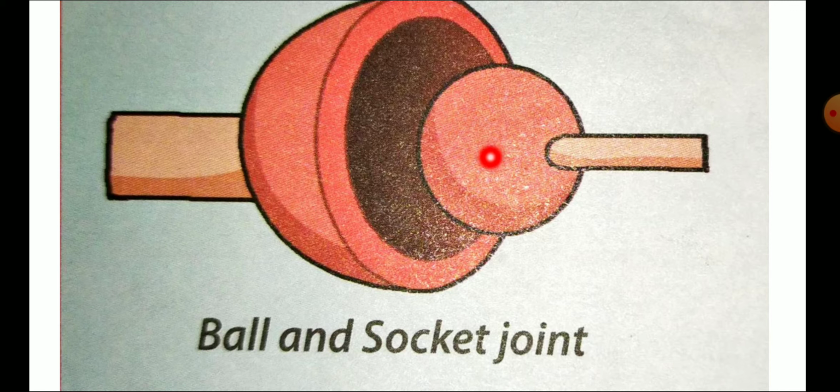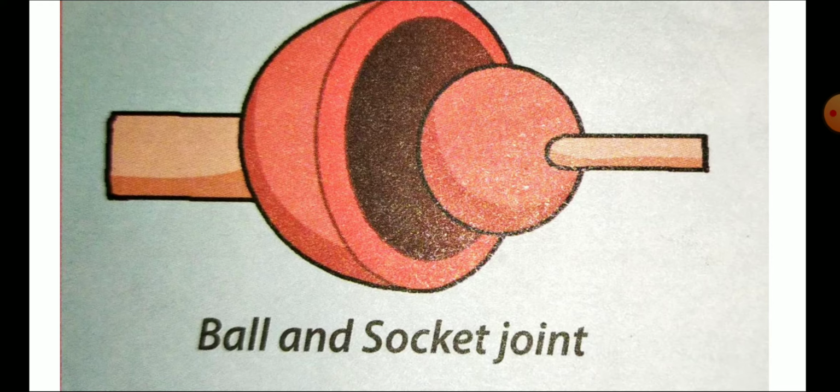This is situated in the shoulder bone. So you can move these joints round and round. In this kind of joint, one end of the bone is like a ball which fits into a socket of the other bone.